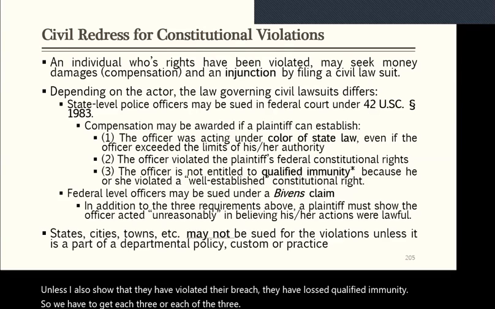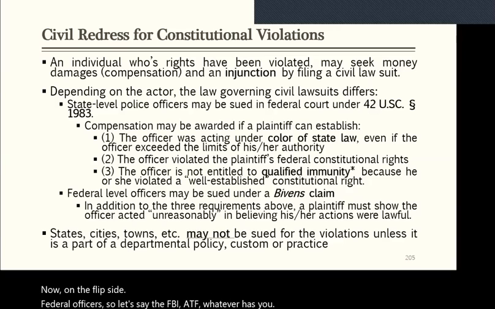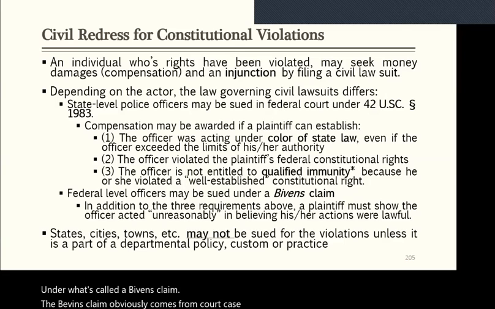Now, on the flip side, federal law officers, so let's say the FBI, ATF, whatever has you, they may be sued under what's called a Bivens claim. Now, the Bivens claim obviously comes from a court case named Bivens, right?